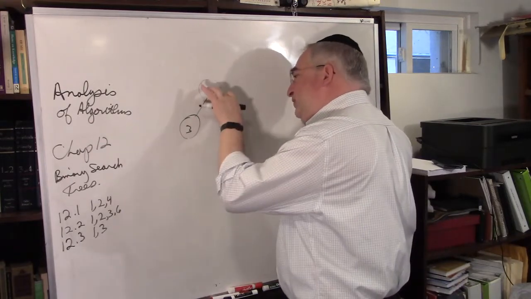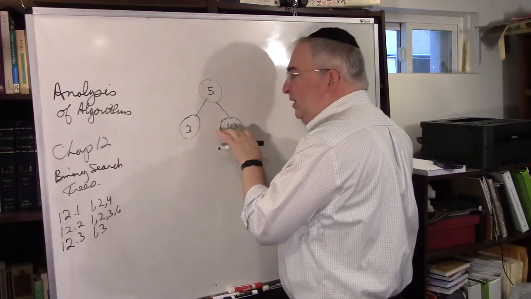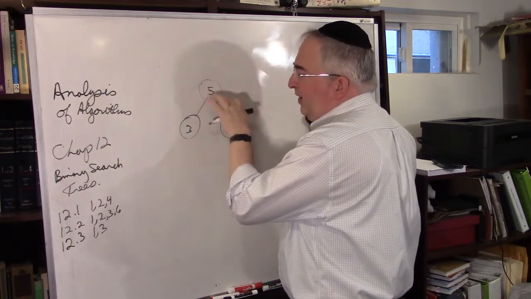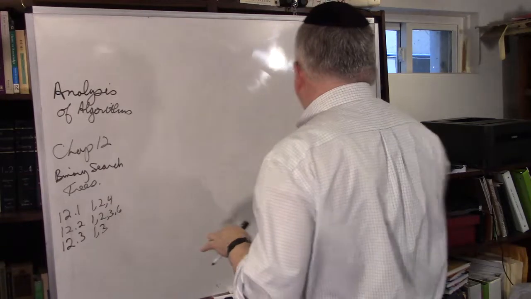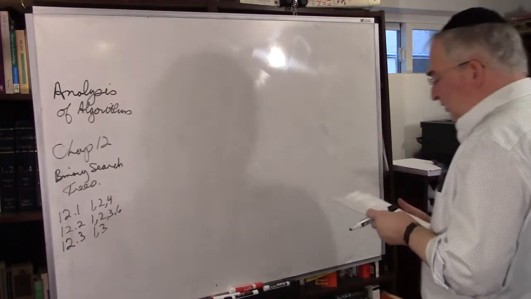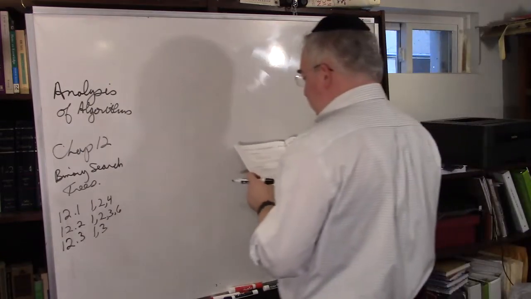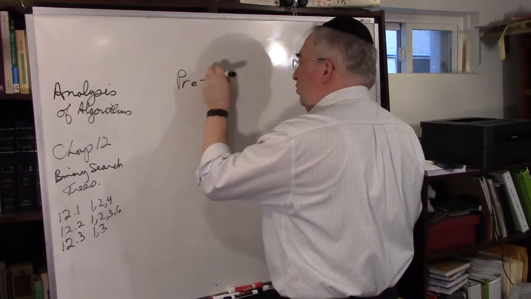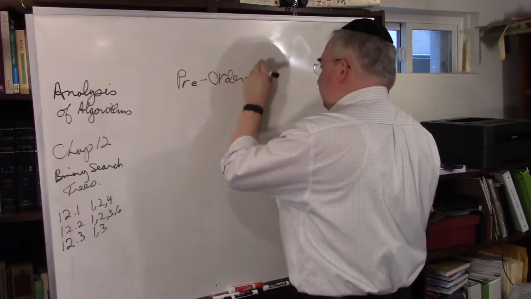In other words, first print out the 5, then the 3 and the 10, or post-order, first print out the 3 and the 10, and then put the 5 afterwards. So it's all a matter of how you're ordering the operations. So let me just do it. Pre-order tree walk.